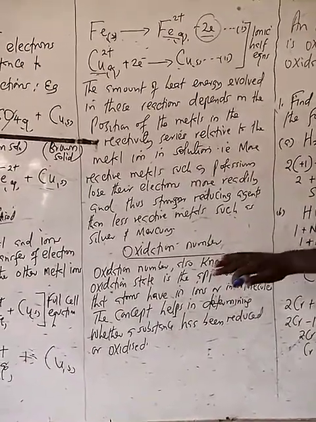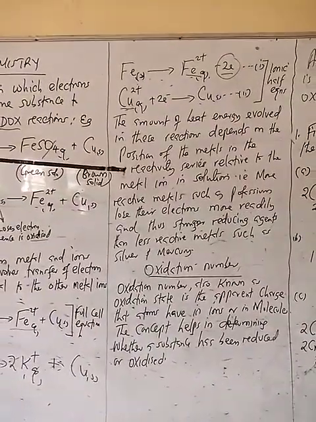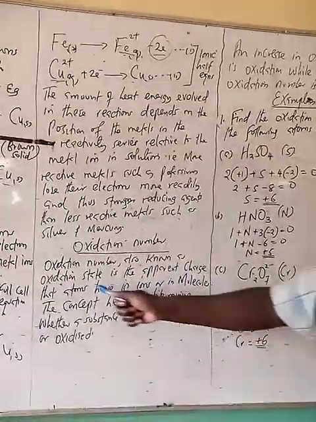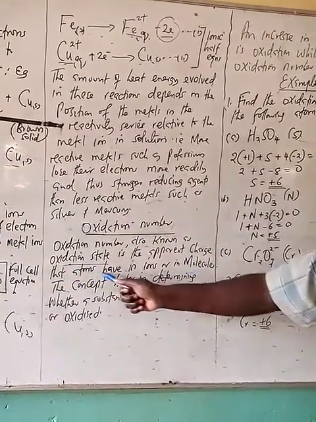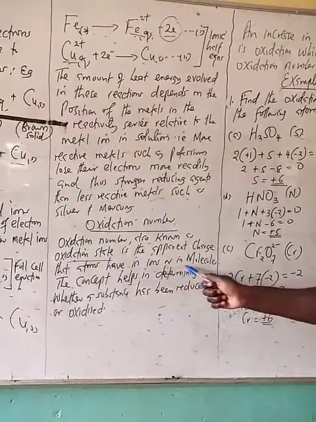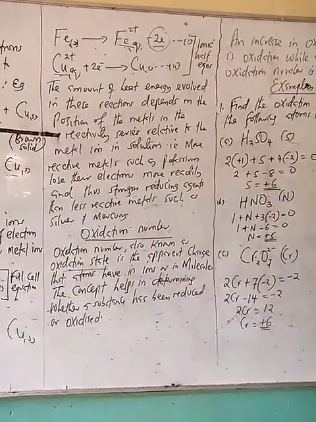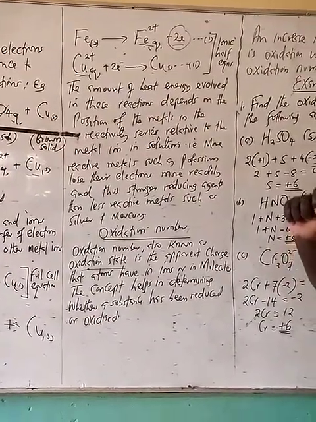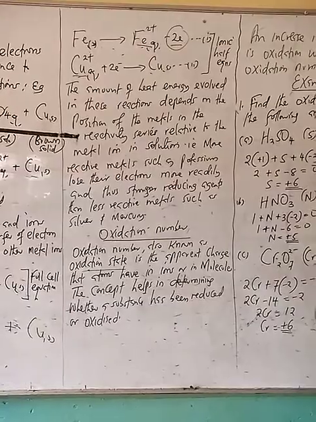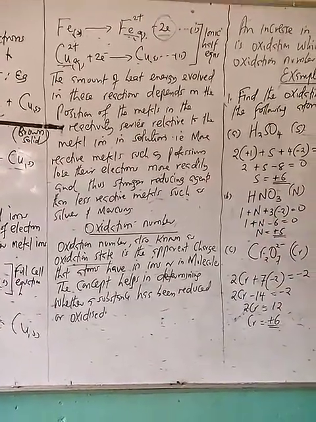So we have got oxidation number. What is oxidation number? Oxidation number, also known as oxidation state, is the apparent charge that atoms have in ions or in molecules. This oxidation number we discussed in Form 2, and we say that all group 1 metals will react by losing one electron, like sodium.